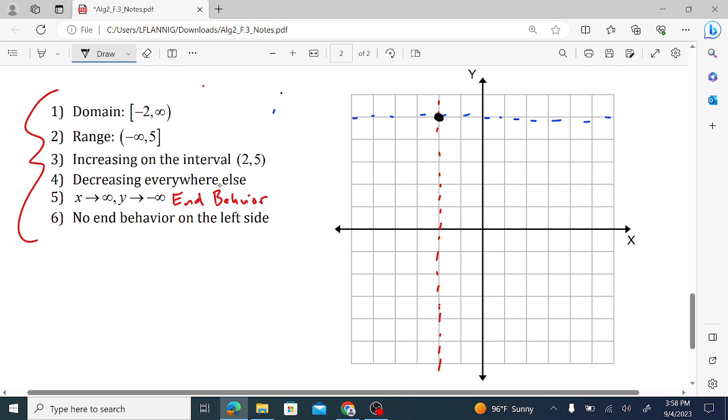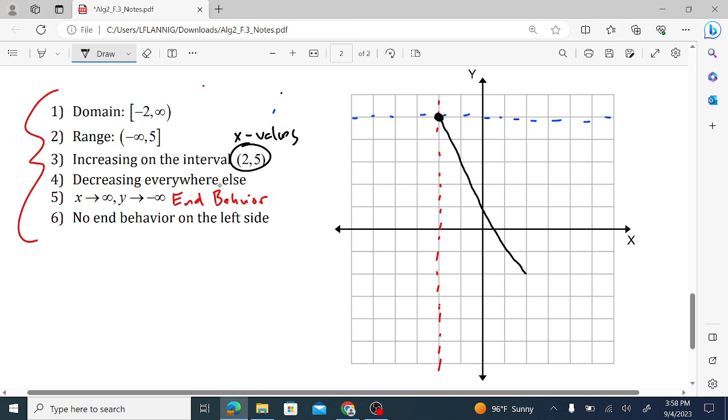I know I want to decrease the entire time all the way up until I hit +2 for the x value. Both of these, remember, are x values because they're domain. Increasing intervals is always domain, like the left and right. So let's think about decrease, decrease, decrease, until I hit +2.